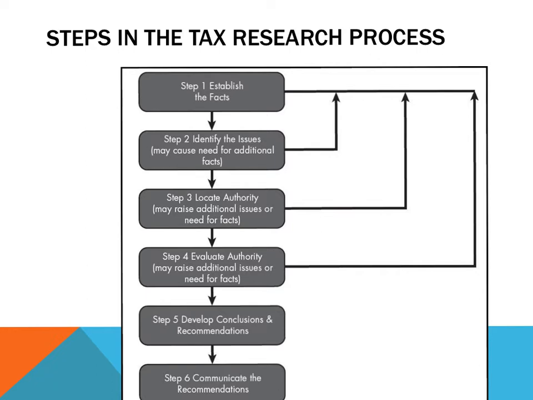And so what that means is you're not just going to march through sequentially. You're going to have to go back, right? Because step 1 is establish the facts. And then step 2 is identify the issues. And as step 2 alludes, as you identify the issues, you may have to go back and ask for more facts, right?